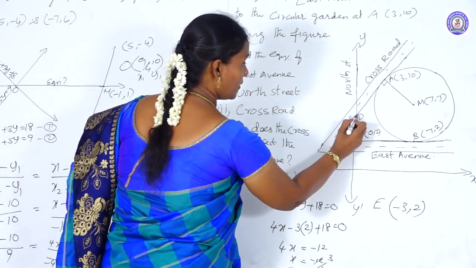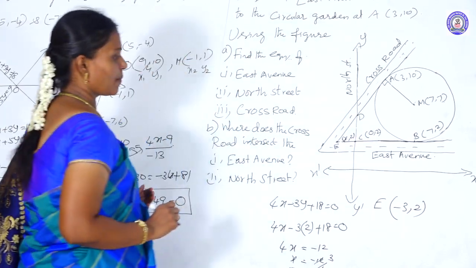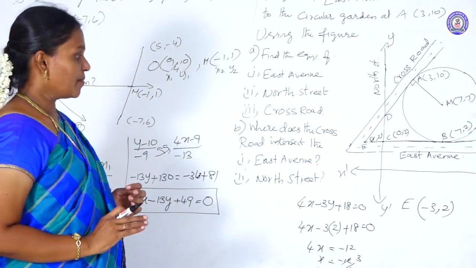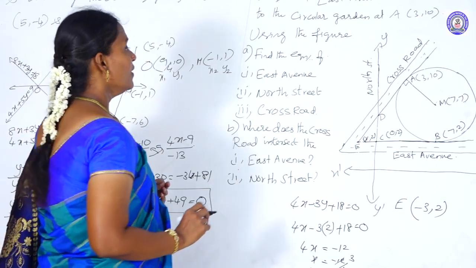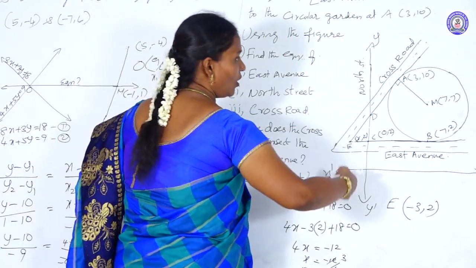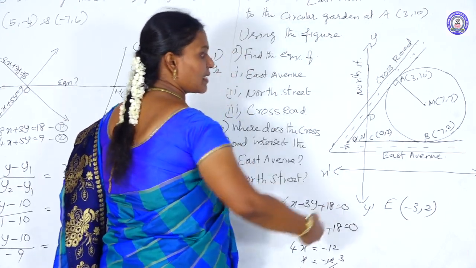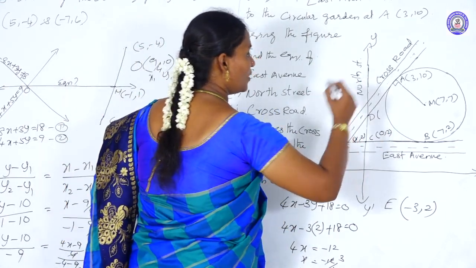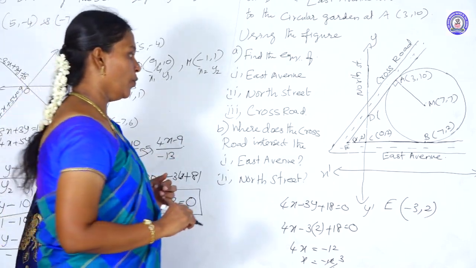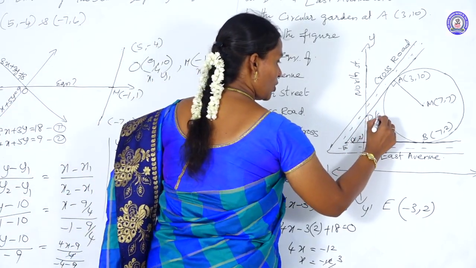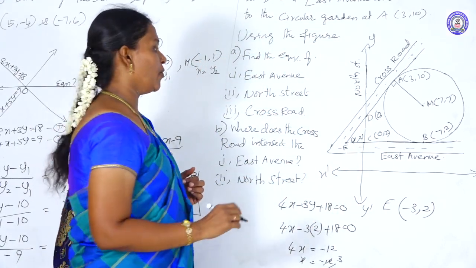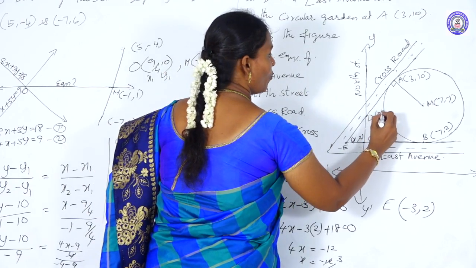So where do the crossroad and the North Street intersect? See this point, that is the D point. This D point lies on the y-axis. Lying on the y-axis means the x-coordinate is 0. So 0 comma, and you have to find only the y-coordinate.